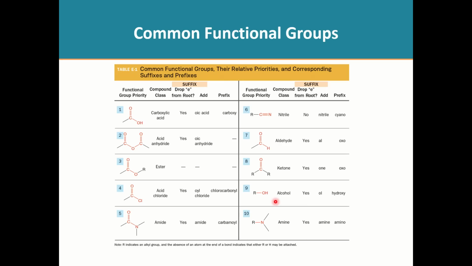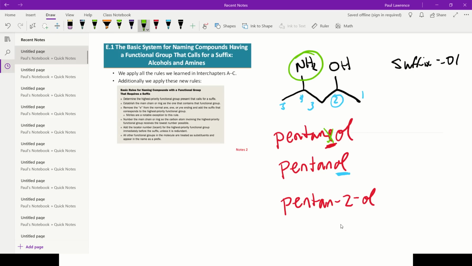So we have to come back here and see, hey, we have an amine in our molecule. And then we look at the prefix column. And we see that amines have a prefix of amino. But where is that amino substituent located? It's on carbon 4. So we would just go 4-amino.